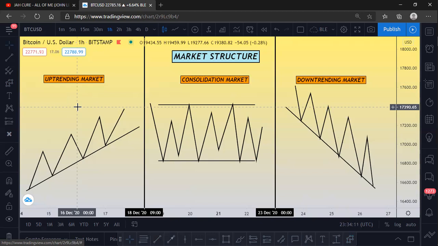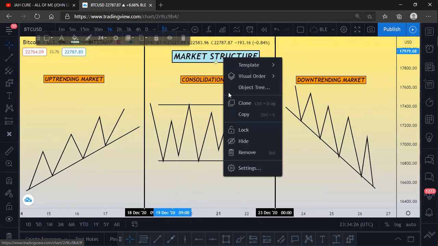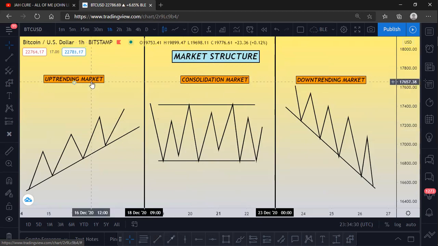All right. So now let's talk about uptrending markets first. But since this is pretty much recorded, let me copy this. Okay, let's just do it like this now.